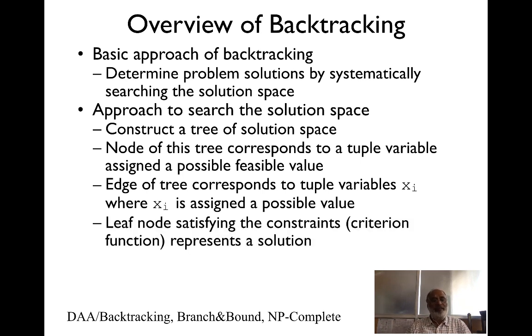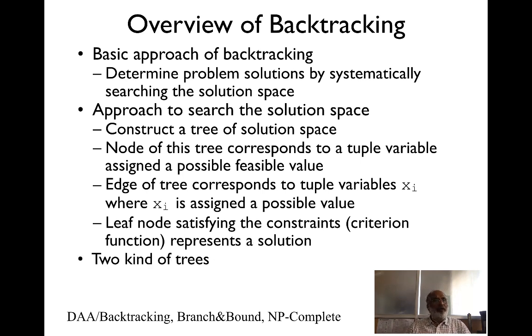If it satisfies the condition, it represents a solution. For some criteria, like in the 8 queens problem, we said no queens should attack each other, and if you find variable values such that none of the queens attack each other, we find a solution. Just because you find one solution, we can decide to stop there, or we can explore the tree further to find the other solutions that exist.